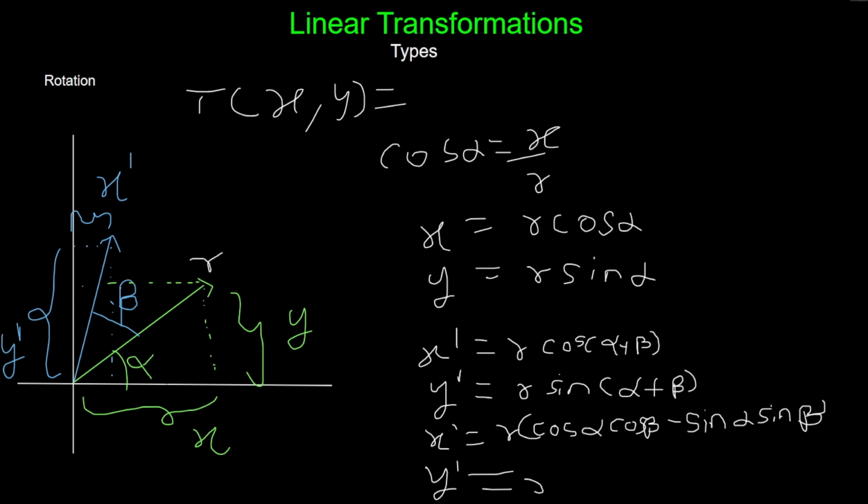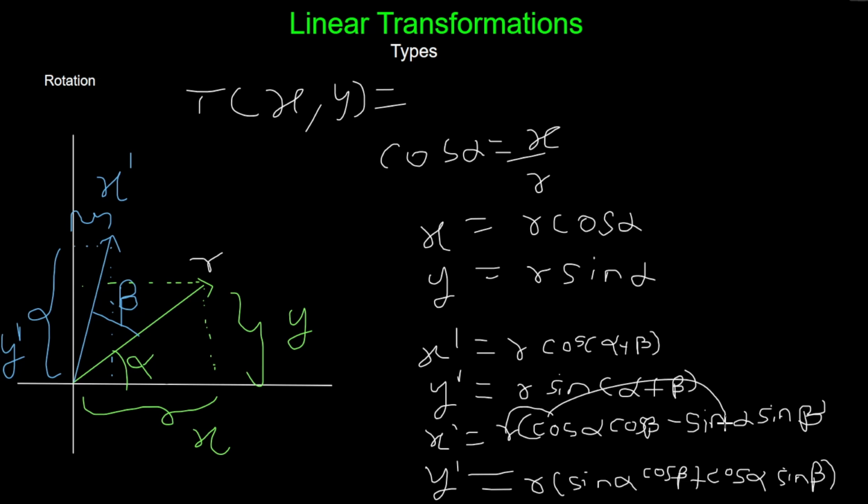We'll have r sine alpha cos beta plus cos alpha sine beta. So this is what we have in the end.